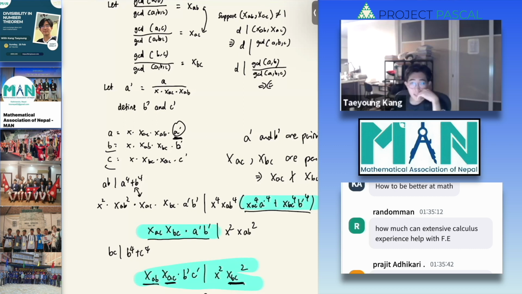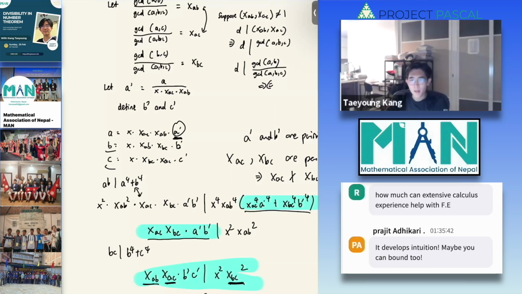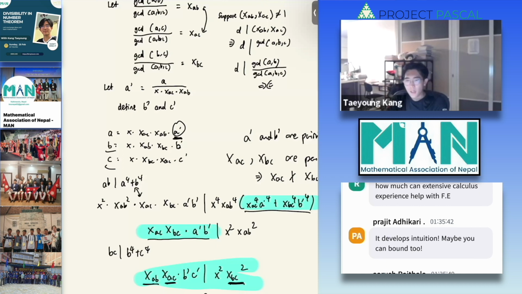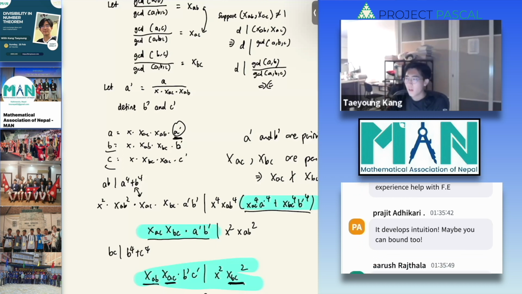How much can extensive calculus help for Olympiad? Calculus does little to no help. It doesn't really help you much at solving Olympiad problems, but it may allow you to use more advanced techniques like Lagrange multipliers on some inequality problems. It doesn't really help for functional equations, in my opinion.